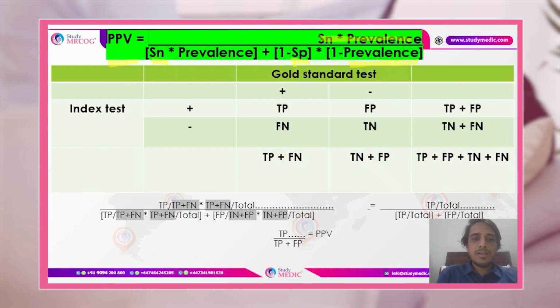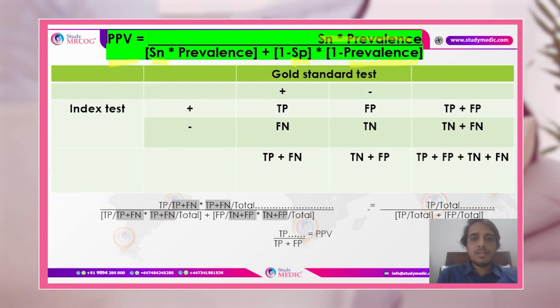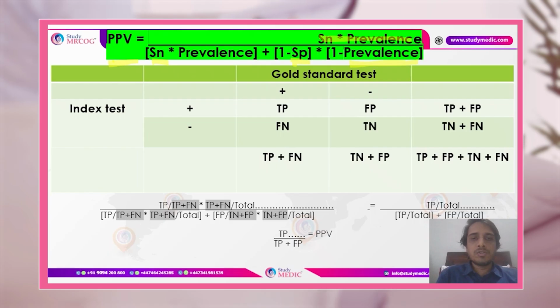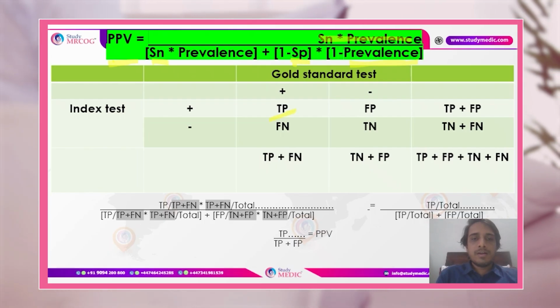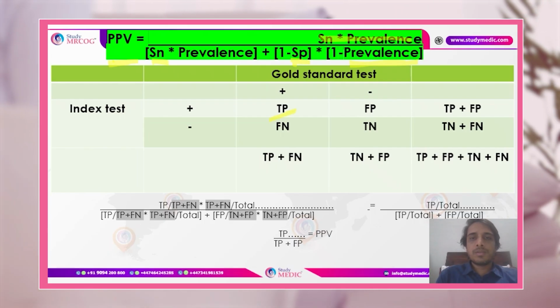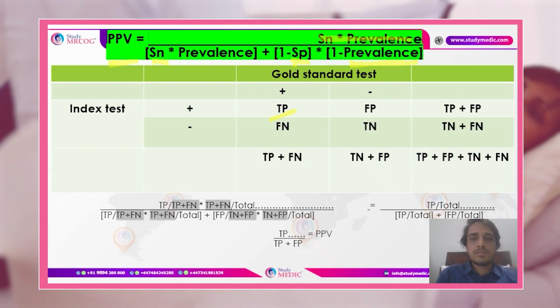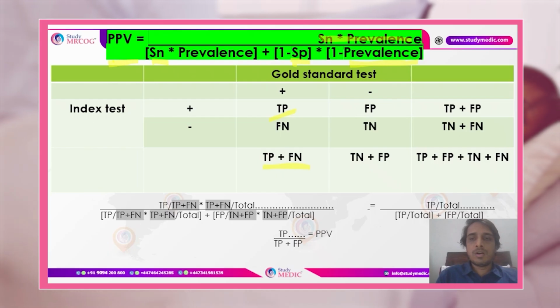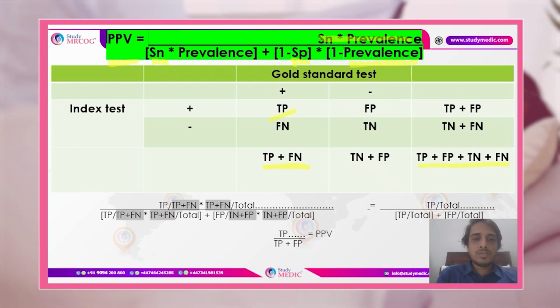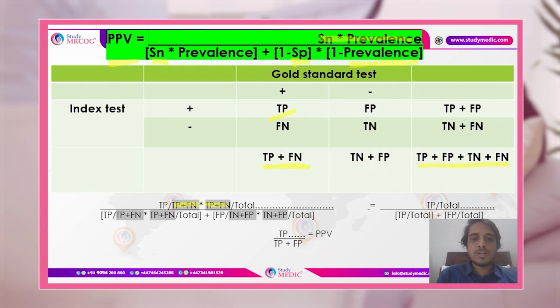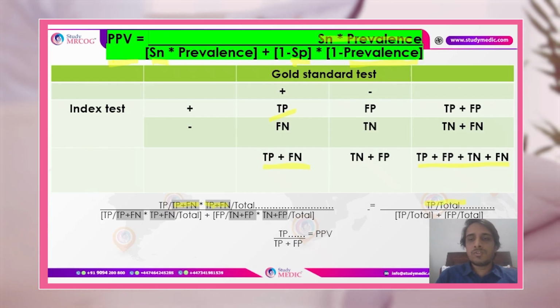When we solve it, sensitivity is true positive divided by true positive plus false negative. Prevalence is true positive plus false negative divided by the total. So true positive plus false negative will cancel, and it will become true positive by total.